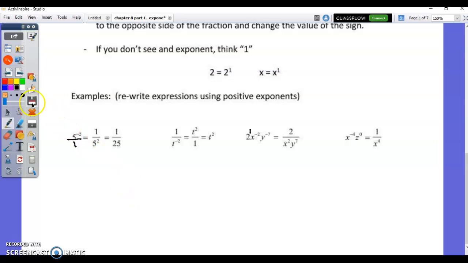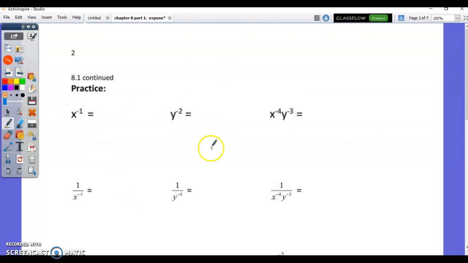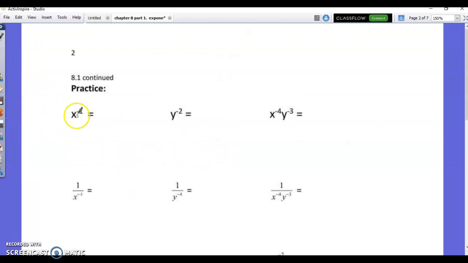All right, so this next page, we are going to practice some of these problems. When I set these up, sometimes I just like to draw a fraction bar right away. So then I can say, okay, this is either going to stay on the top or it's going to move to the bottom. In this case, x to the -1 will go to the bottom and become x to the first power.